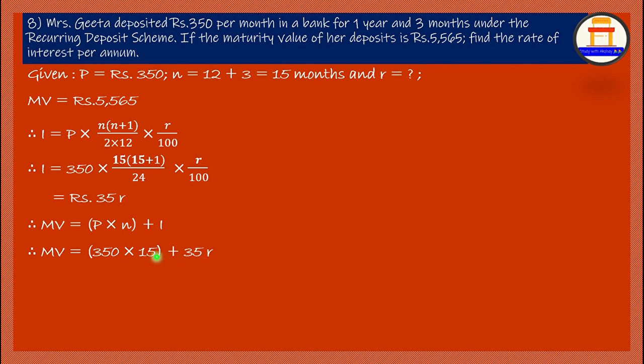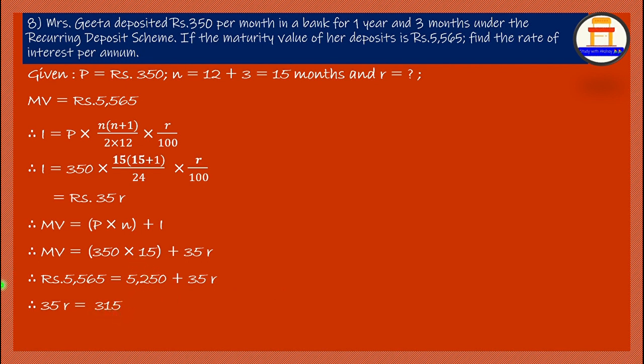Upon simplifying, we get 5,250 plus 35R. Since we already know the maturity value, we substitute it at this step. Later, upon simplification, we get 35R is equal to 315.